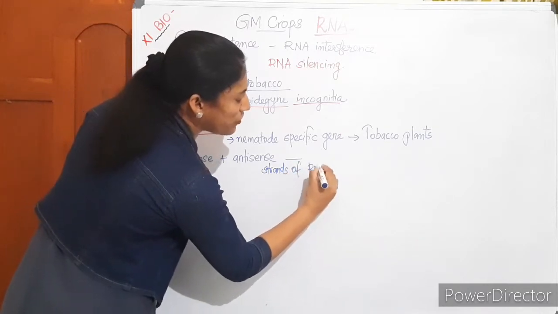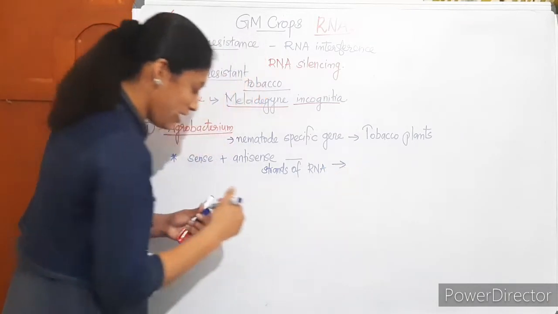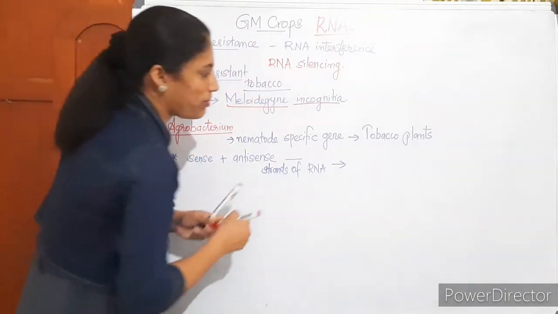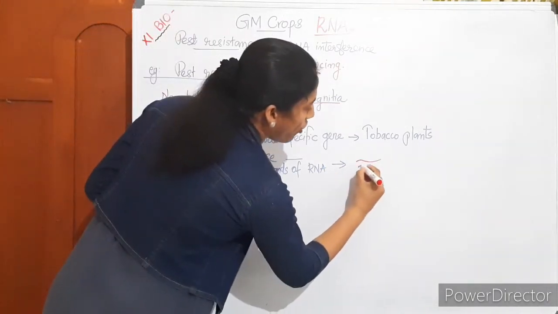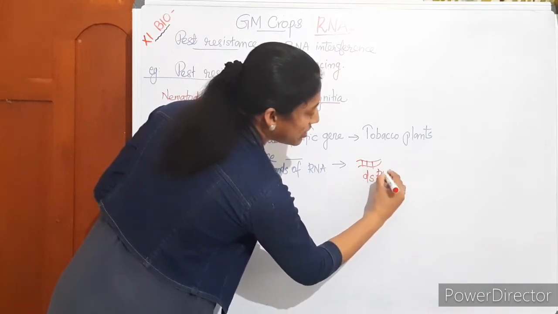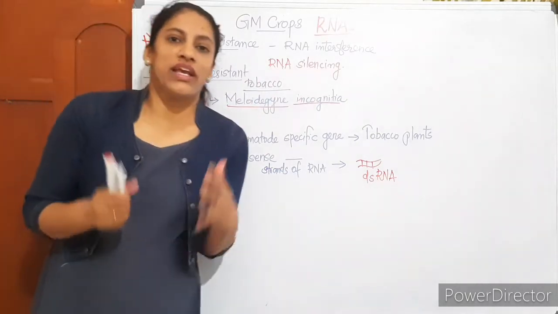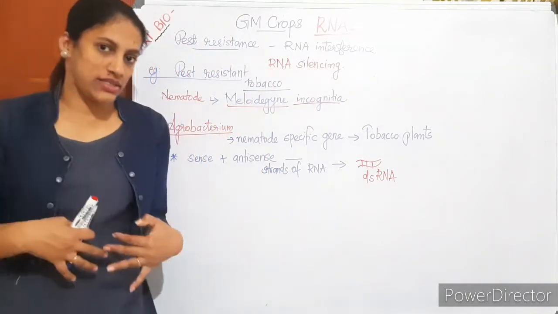If 2 strands of RNA are produced from 1 strand of DNA, we know that they are complementary, so they will form a double-stranded RNA. So the plant now possesses double-stranded RNA inside.